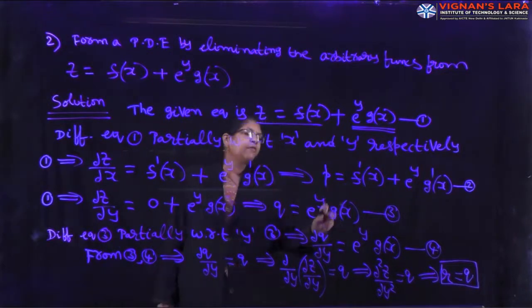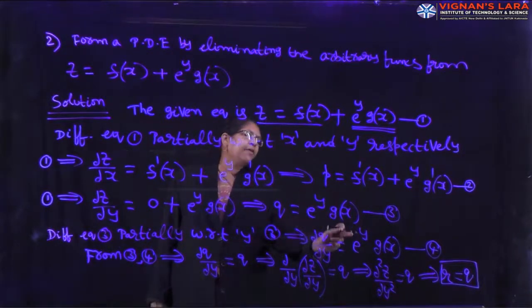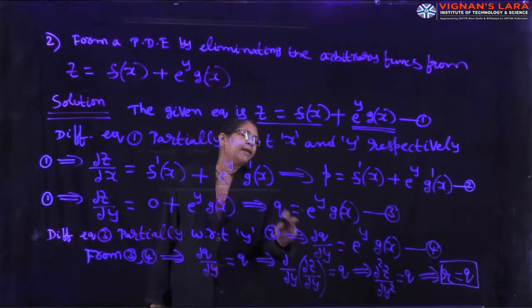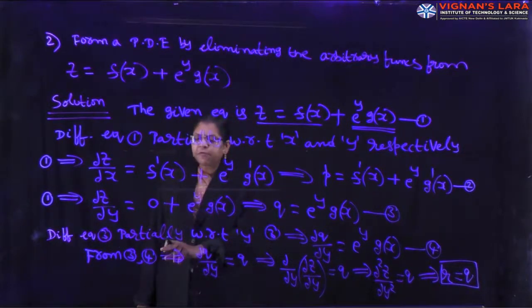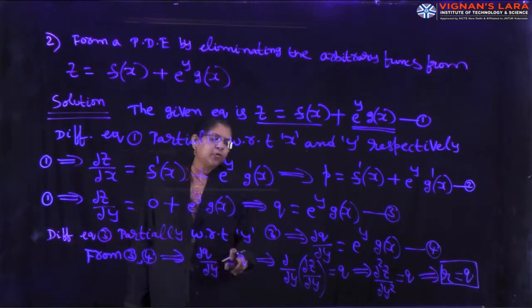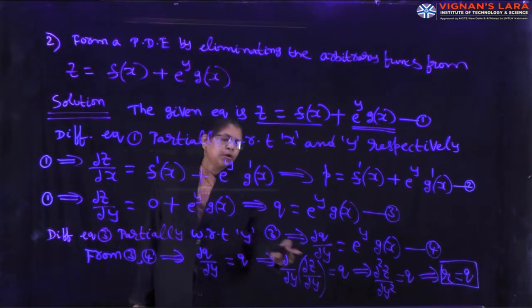Both in equations 3 and 4, RHS is same, so we have equated LHS. Therefore, from 3 and 4, dou q by dou y equal to q. What do you mean by q? Dou z by dou y.